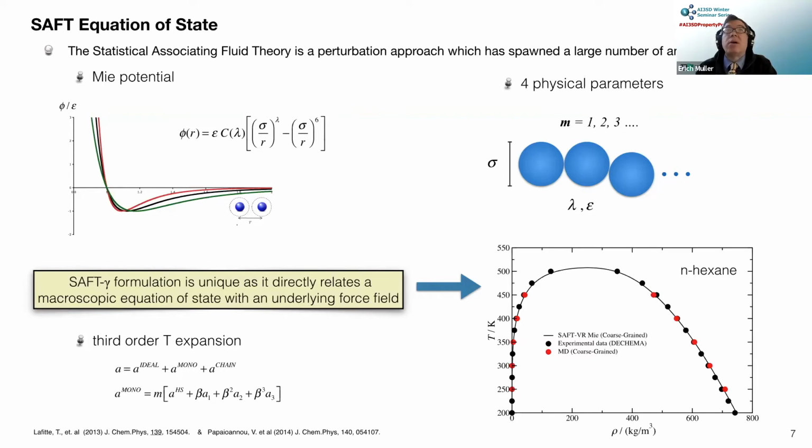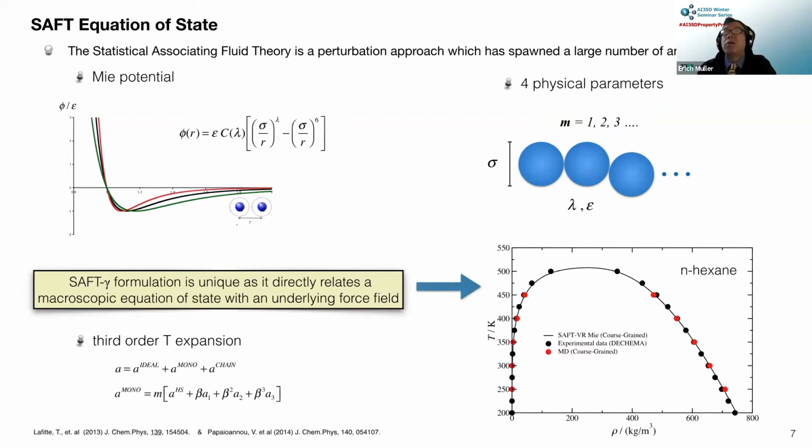The interesting thing about the SAFT equation of state is that it is a theoretical description of an underlying force field. And the force field is a Mie potential, which you could think of as an extended Lennard-Jones fluid, where the repulsive exponent is also one of the parameters.